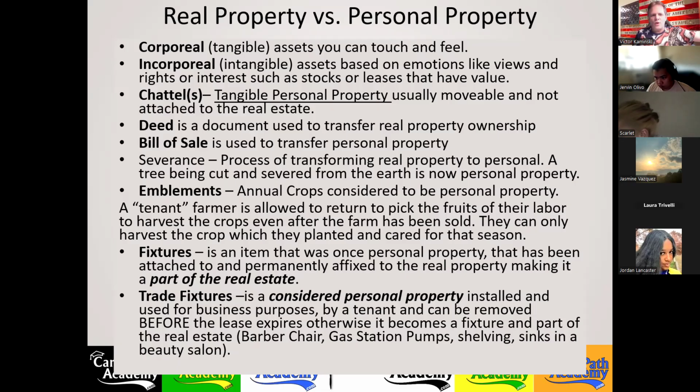Okay, so a tenant farmer is allowed to return to pick the fruits of their labor, so to speak, and that's their crops. Their crops are not going to come back again next year unless they tilled the soil and planted the seeds again. So emblements are considered personal property, like those crops, or vegetables and such, or even flowers that don't come back every year.